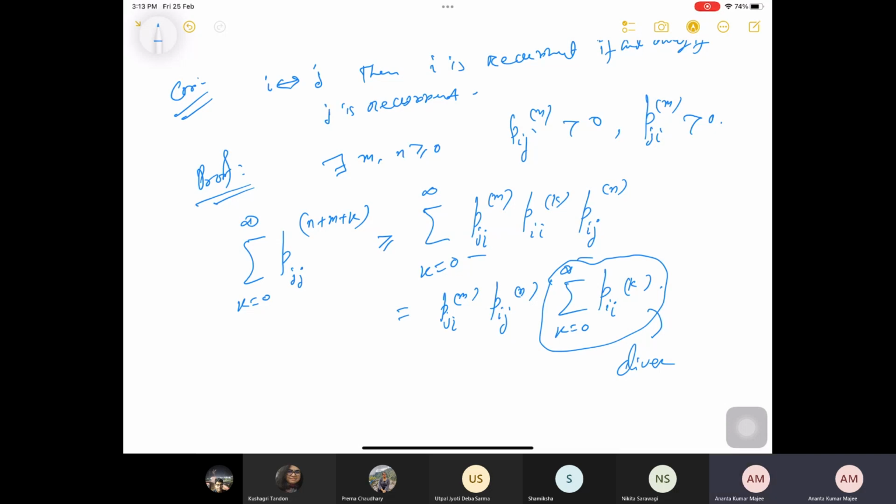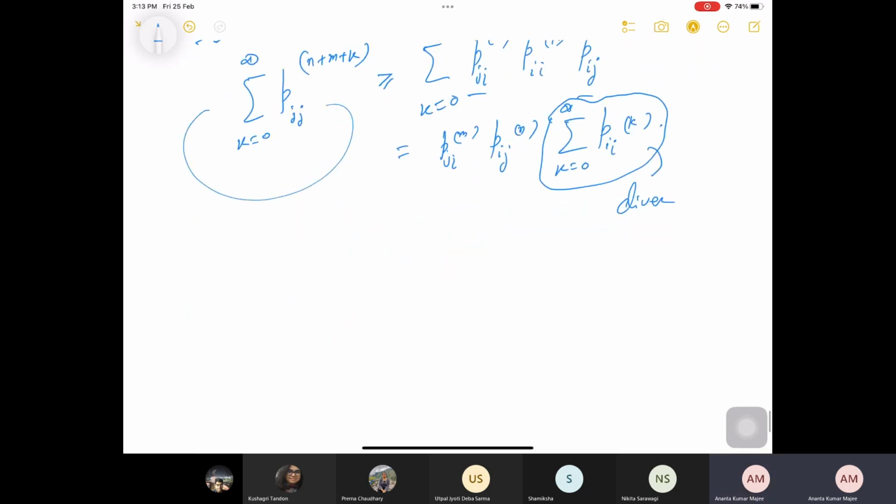So if this one is divergent, then this should be divergent. That means I is recurrent if and only if j is recurrent. Okay. We can expect that, because I and j communicate with each other, and hence if I is recurrent, then j should be recurrent.